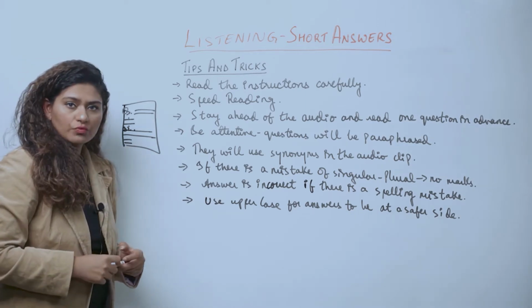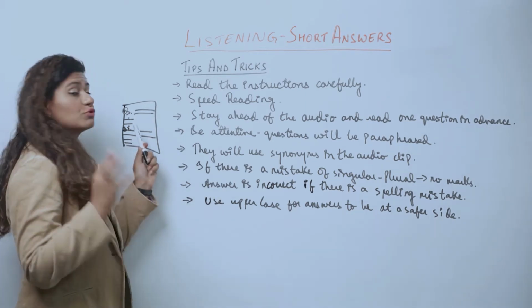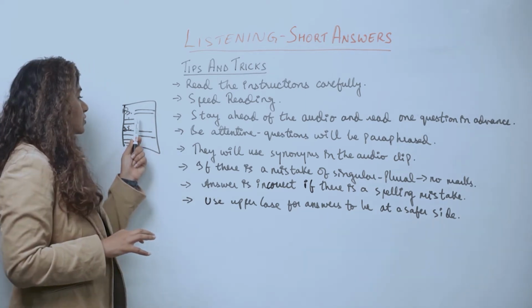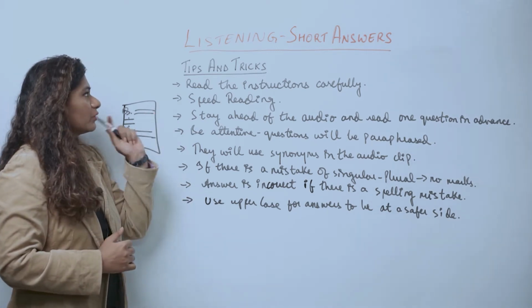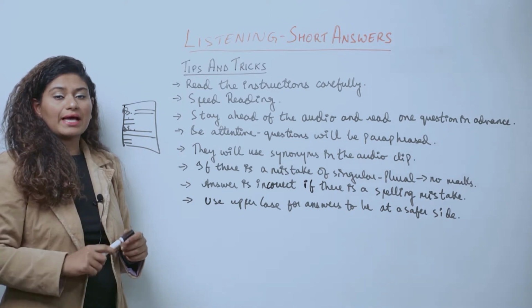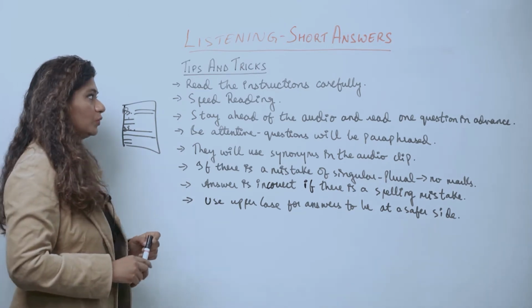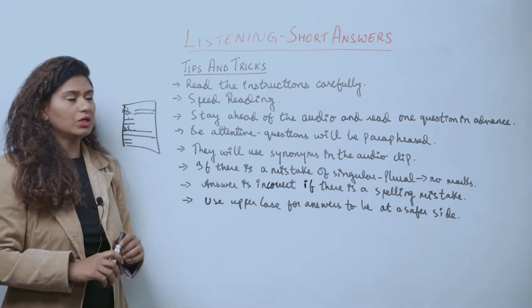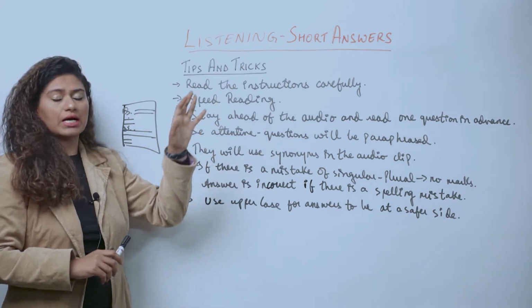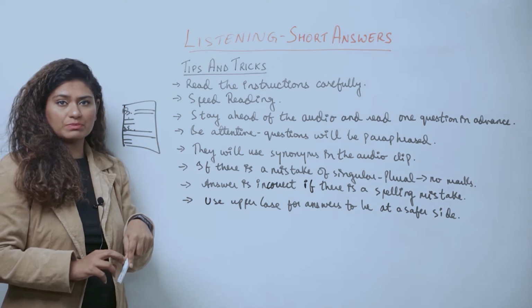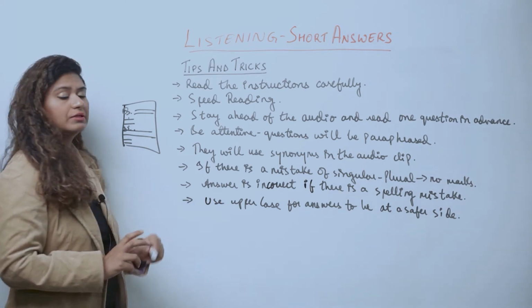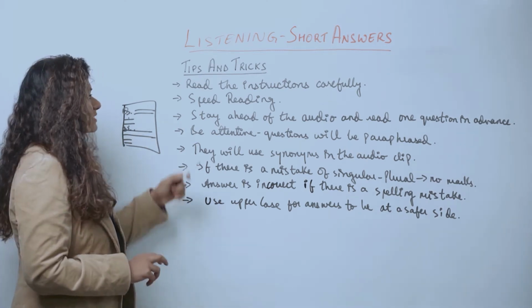Of course, the audio will be played and you have to find out the answers to these questions through that audio. Now we are going to discuss today the tips and tricks which you can follow to understand, first of all, what are short answers kind of questions, and then implement those tips and tricks in order to get the correct answer. So let's get started.